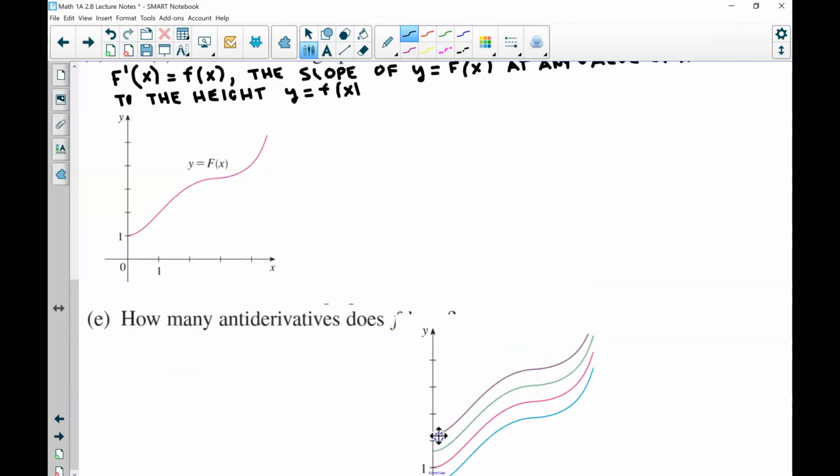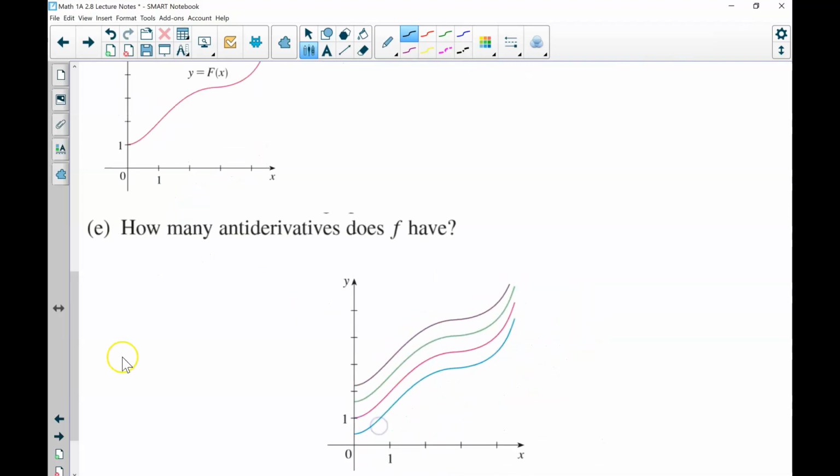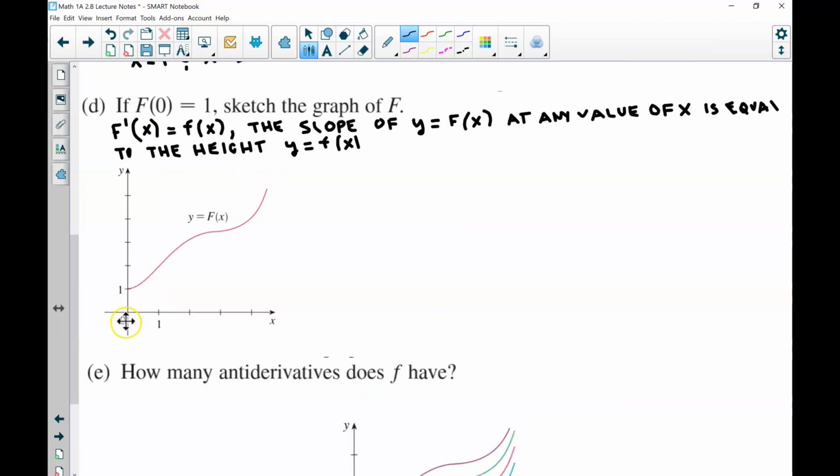We're going to start at 0, 1. Okay, and then we know that it has a slope of 0, and it's always increasing. So because it's always increasing, it's going to be concave upward at x equal to 1. So from here, once you get to x equals 1, it is concave up.